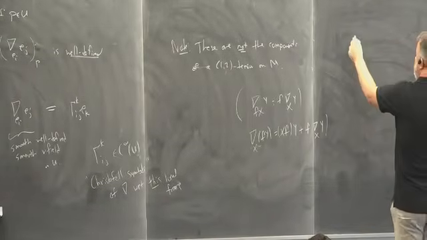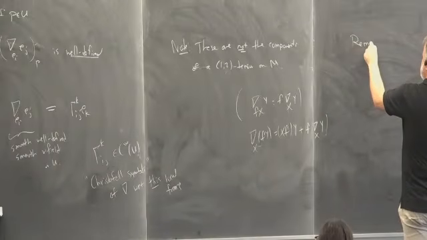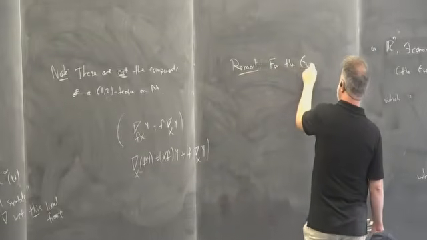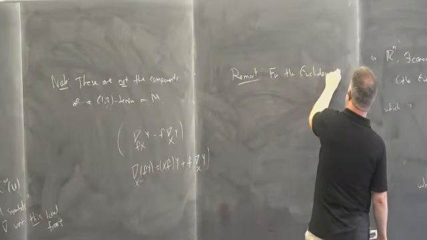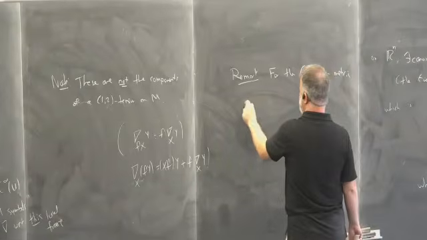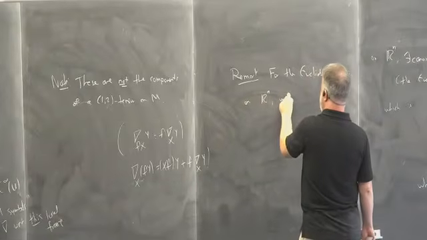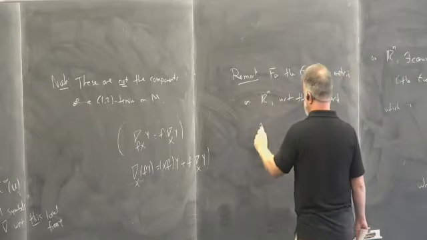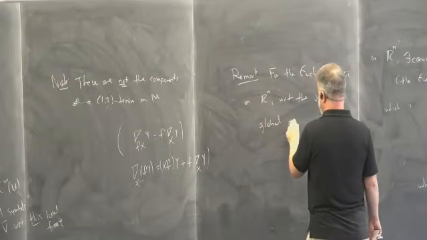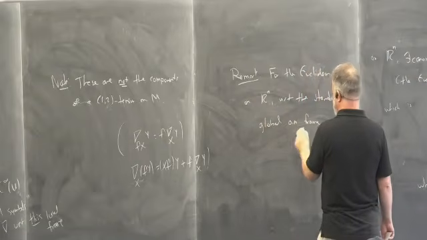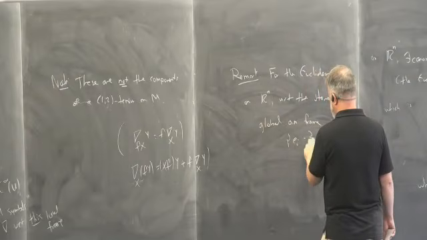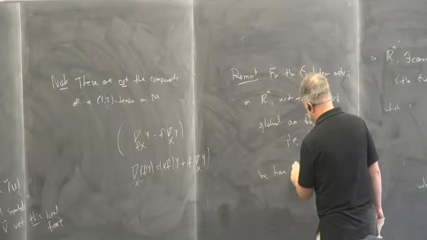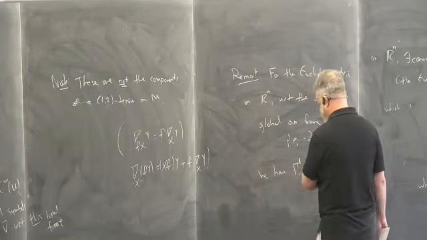Okay. And so as a remark, for the Euclidean metric on Rn, with respect to the standard global orthonormal frame, Ei is d by dxi, the standard coordinate chart, we have gamma kij is 0.